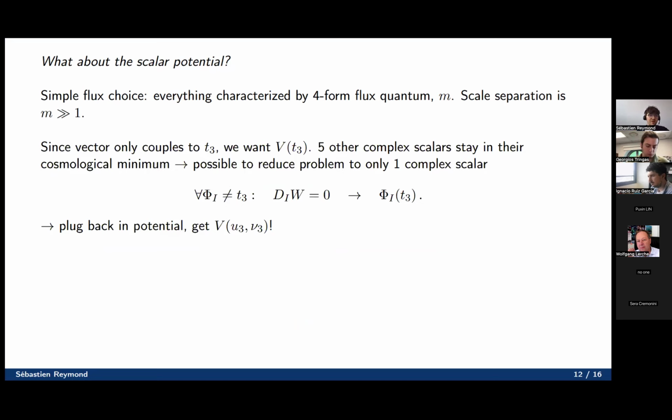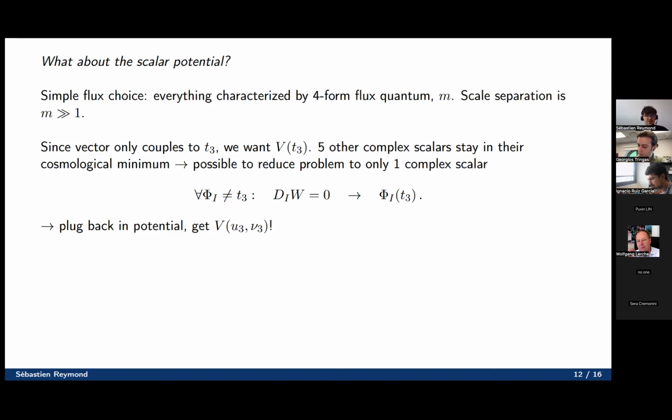Now, since the vector field that we have only couples to T3, we would like a scalar potential V of T3. But as I said, the 5 other complex scalars would stay in their cosmological minimum. So it's actually possible to reduce the problem to only one complex scalar. Maybe it's easier to understand this in terms of equations.